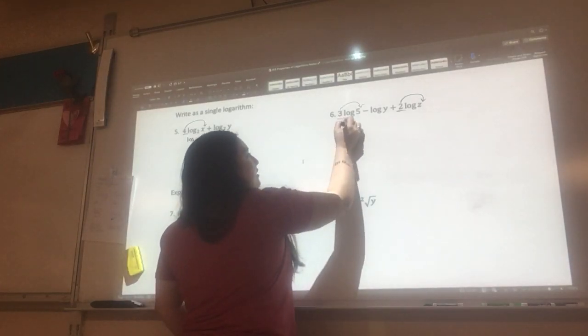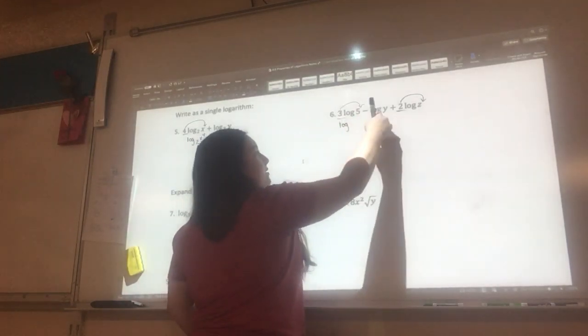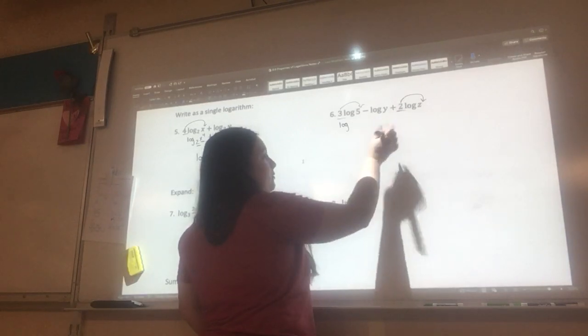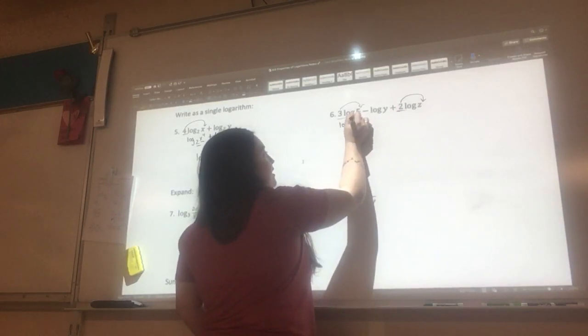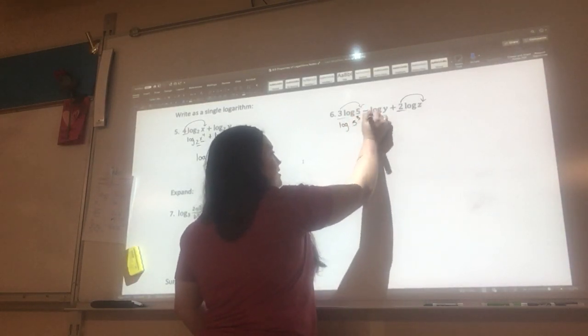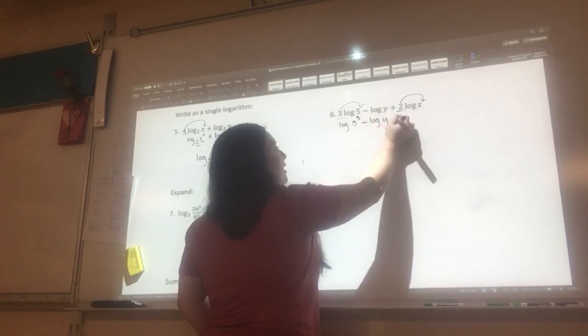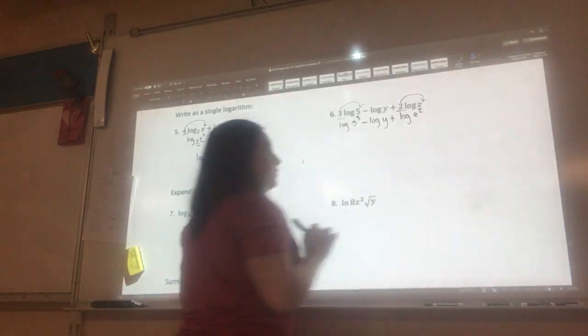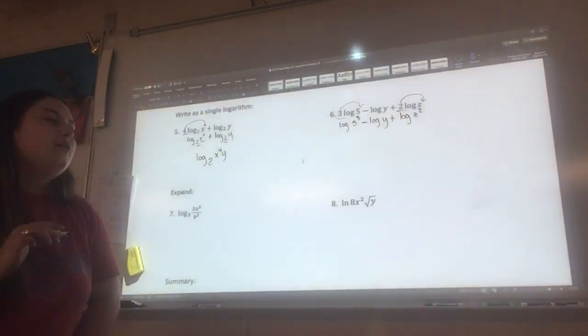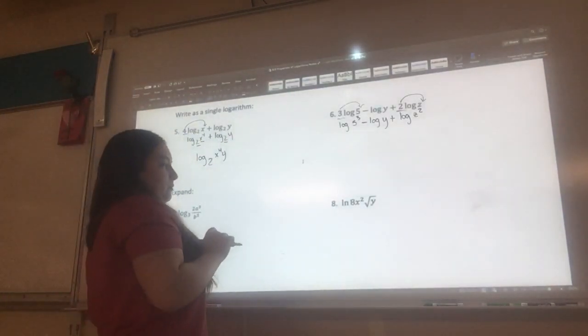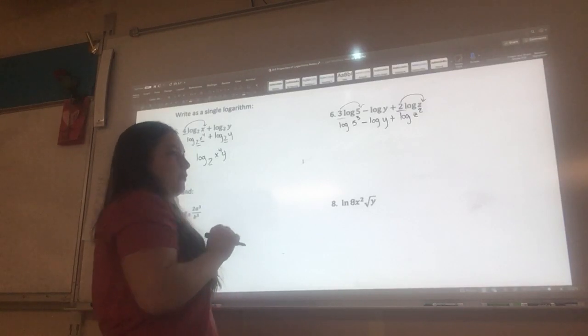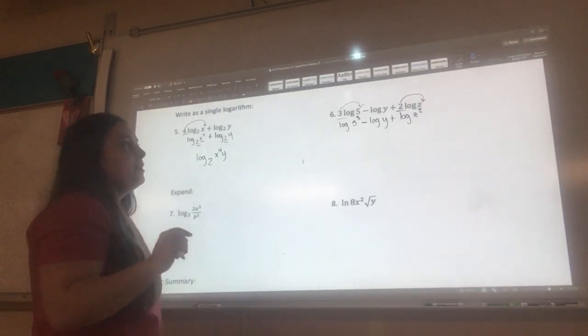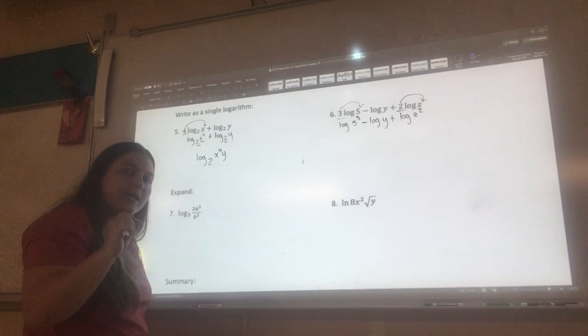So I have log with an invisible base of 10, so we don't have to worry about it. Log base 10 of 5 to the third, minus log of y plus log of z squared. So we've done our product rule, not our product rule. Power rule, wrong P, sorry. So power rule, a lot of people forget power rule.